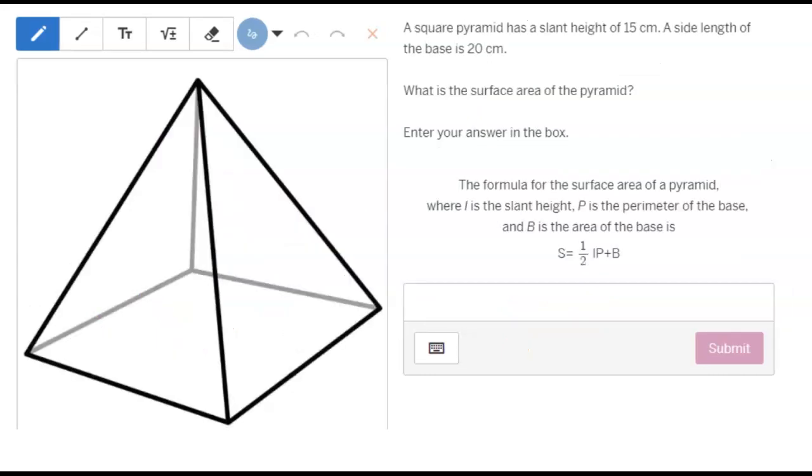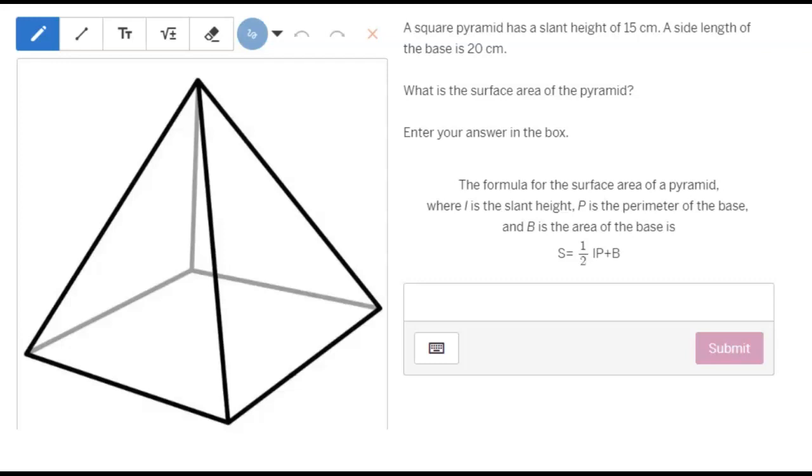So this one's talking about some different information that we haven't done in the last 3. Notice here, a square pyramid has a slant height of 15 centimeters. A side length of the base is 20 centimeters.